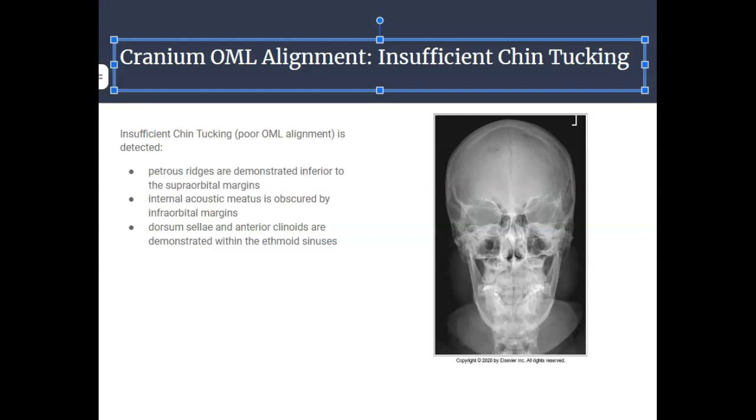Poor alignment of the OML is detected by evaluating the relationship of the petrous ridges and the supraorbital margin. With insufficient chin tucking, the petrous ridges are demonstrated inferior to the supraorbital margins. The internal acoustic meatus is obscured by the infraorbital margins, and the dorsum sellae and anterior clinoids are demonstrated within the ethmoid sinuses.